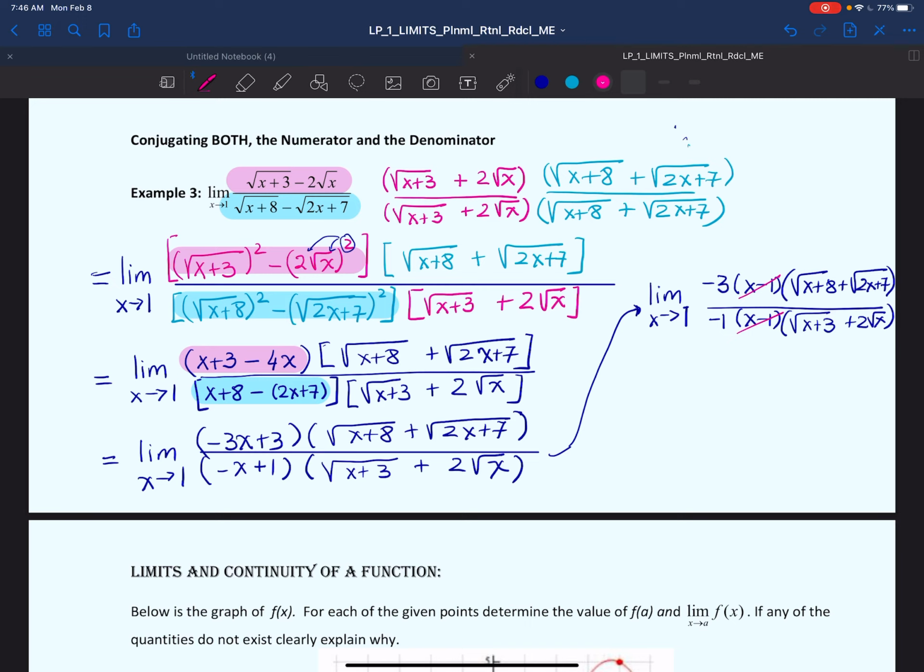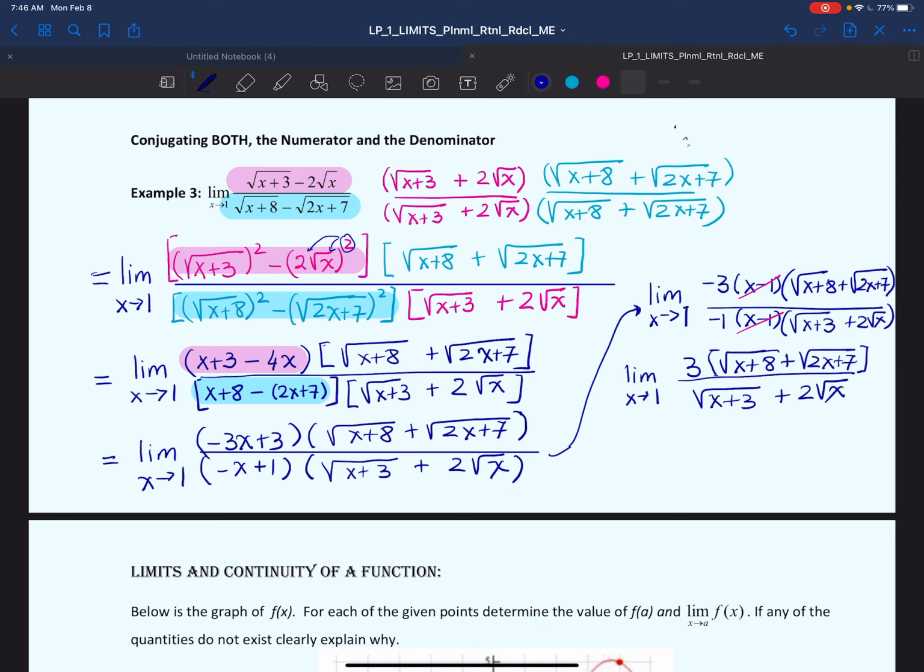And negative 3 over negative 1 is a positive 3. Root of x plus 8 plus root 2x plus 7. And then over root of x plus 3 plus 2 root x.